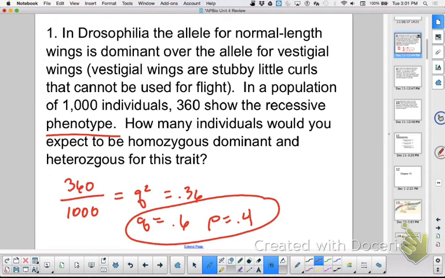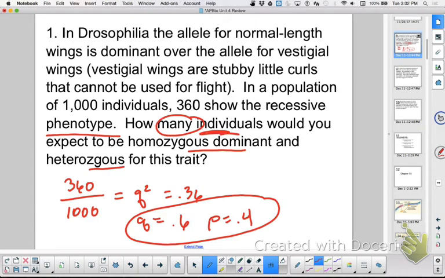So now, and this is where your cautionary tale is, okay? Because it says how many individuals would you expect to be homozygous dominant and how many to be heterozygous? So how many would you expect to be heterozygous? Or let me do it easy. How many would you expect to be homozygous dominant?